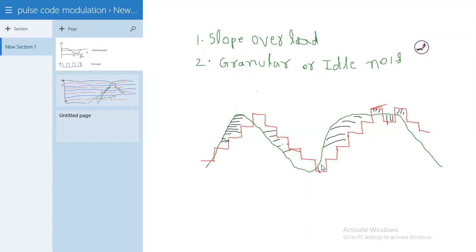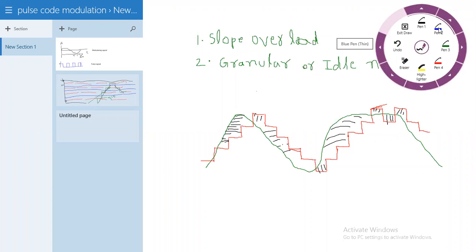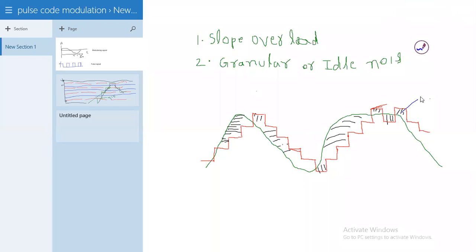This is granular noise or idle noise. The actual signal slope is this one, but the staircase waveform slope is far away from it in this case.